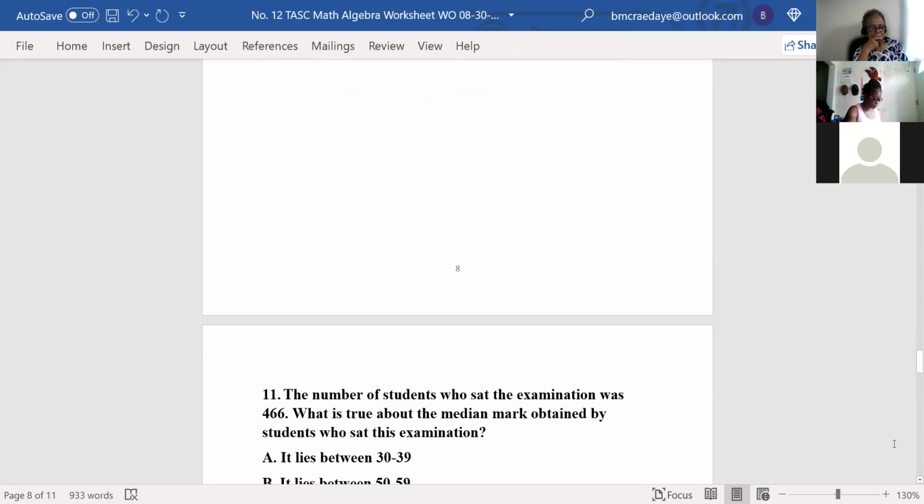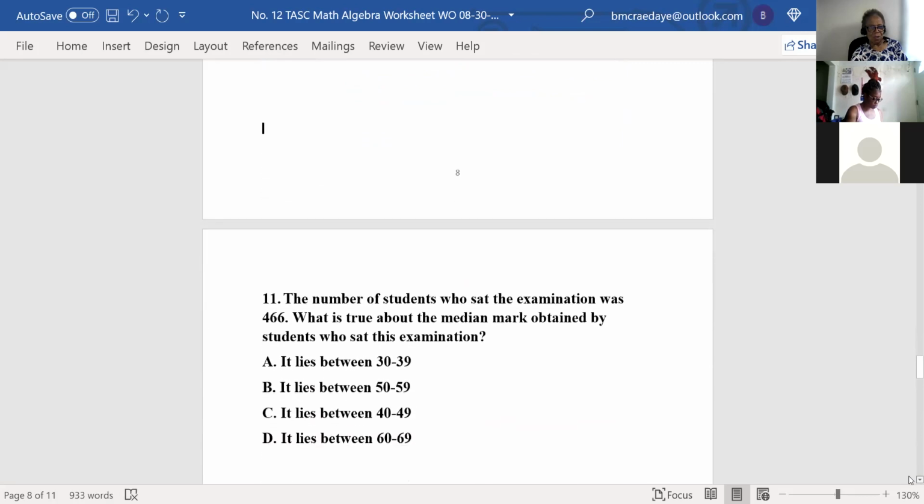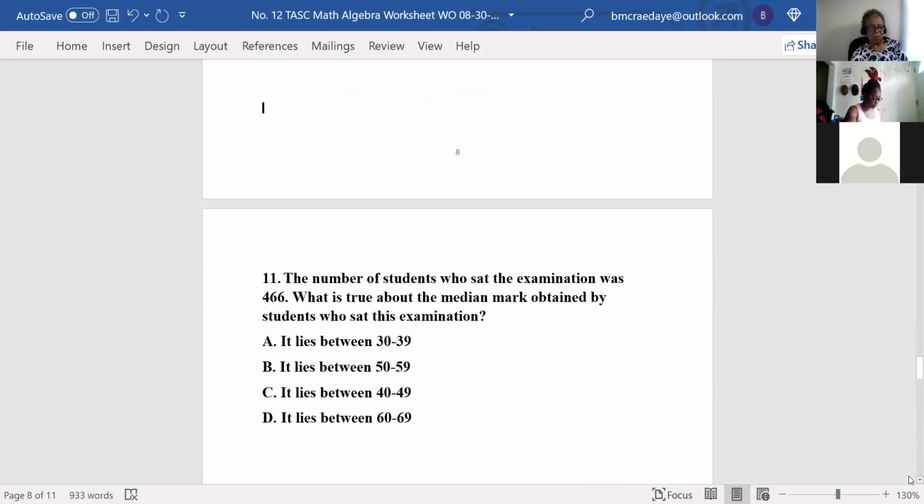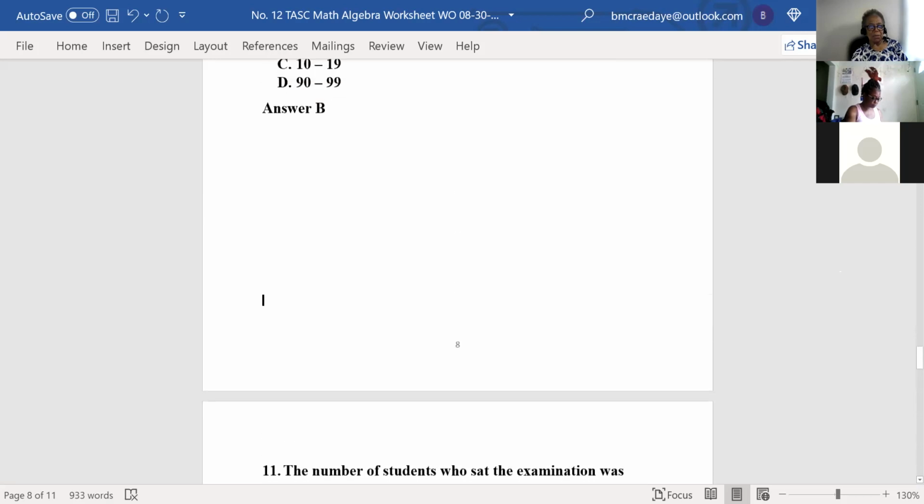No, 112. No, but the median is the range. It's the midpoint. So, okay, let's go back to the table.